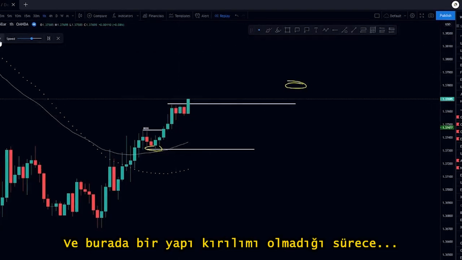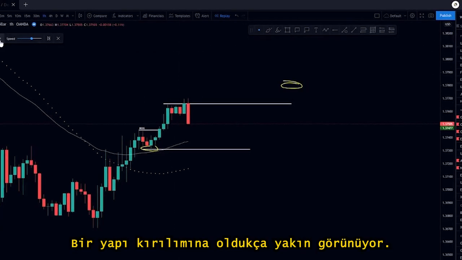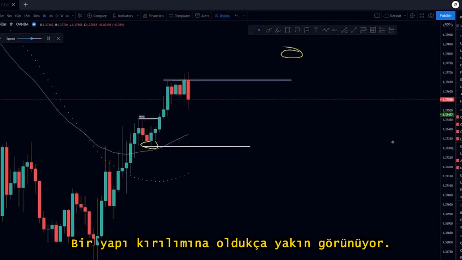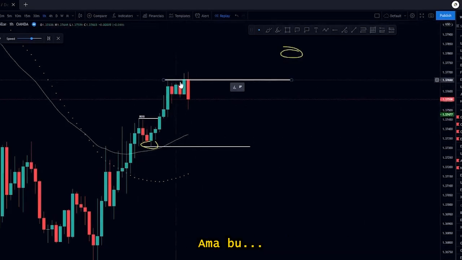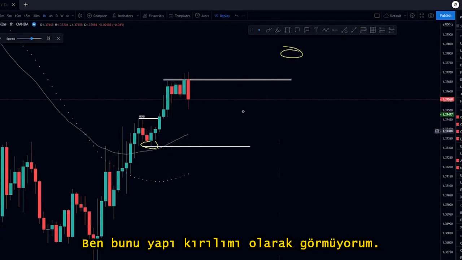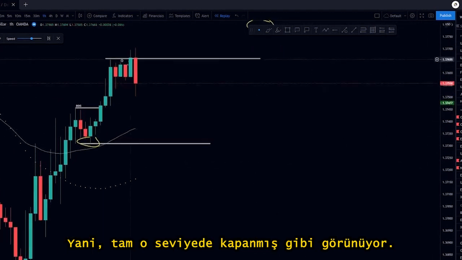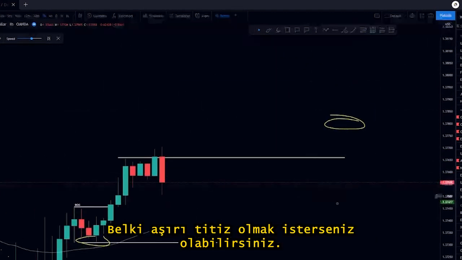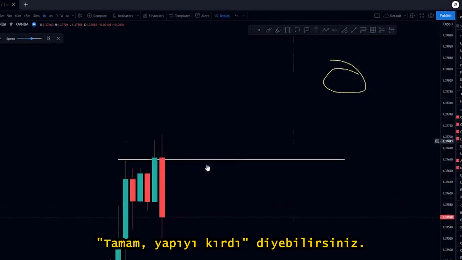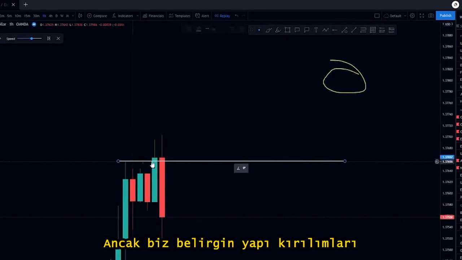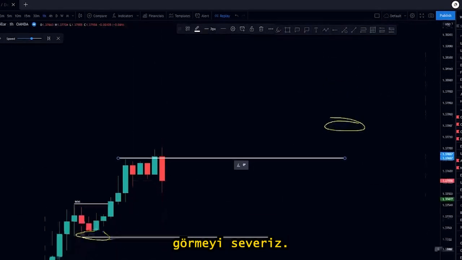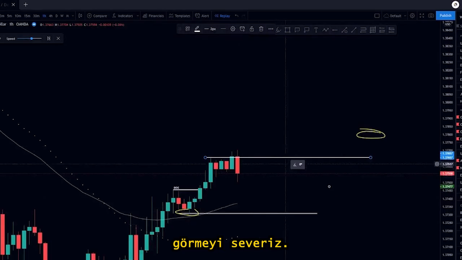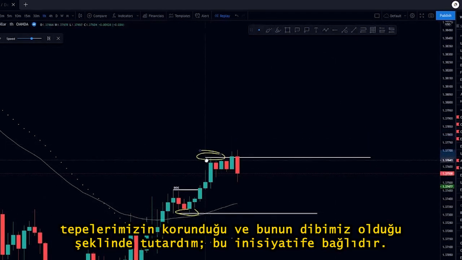And then as long as there's no break of structure here, it looks pretty close to a break of structure, but I don't see this as a break of structure. I mean, it looks like it just closed on that level. If maybe you want to be extremely picky, you can say, okay, it did break structure. However, we like to see significant breaks of structure, so I would keep this as our highs being respected and this being our low.